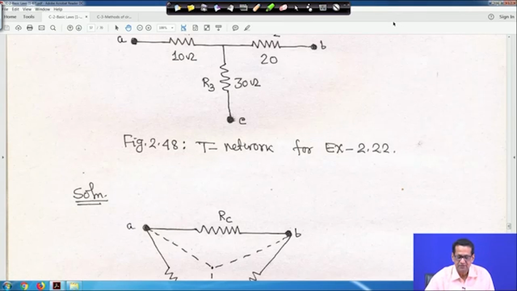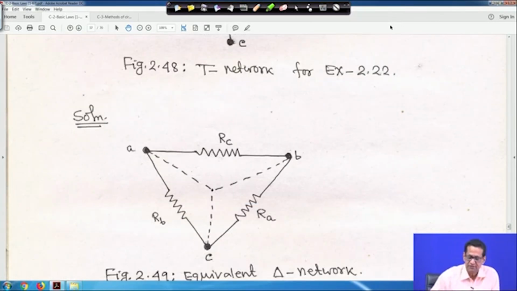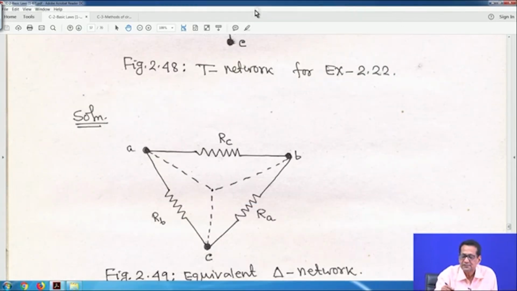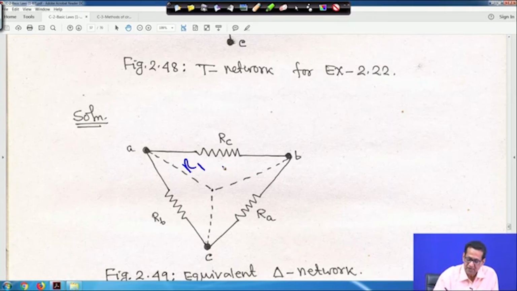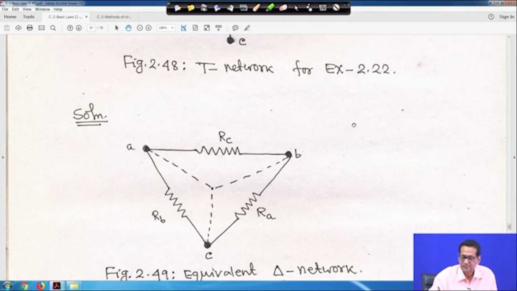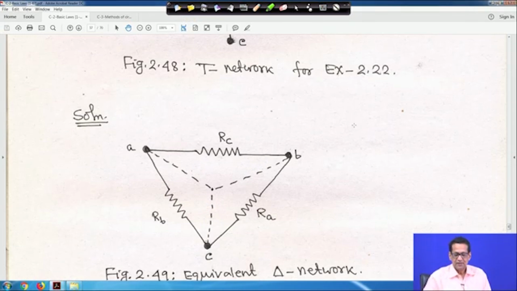So, this is actually R1, I think this is R2 and this is R3, yeah, this is R3. So, right. So, you have to convert it to delta.